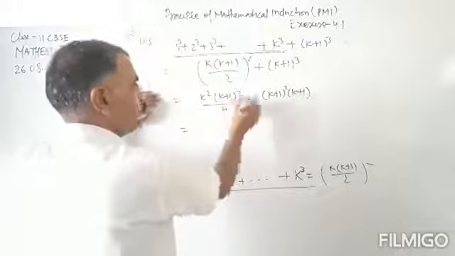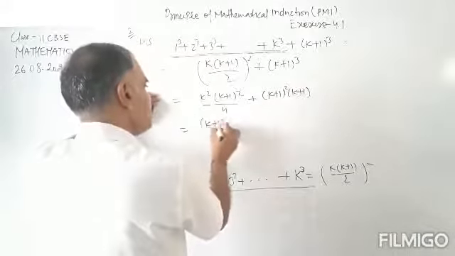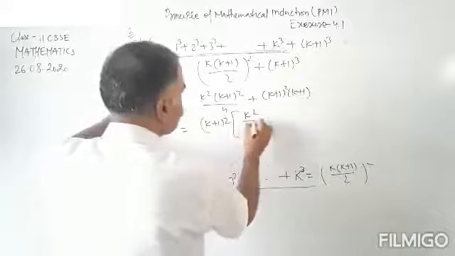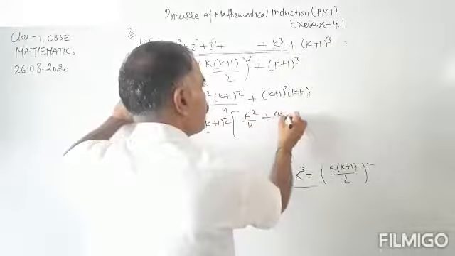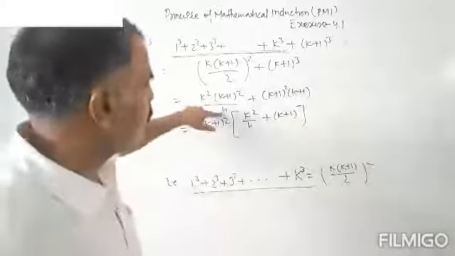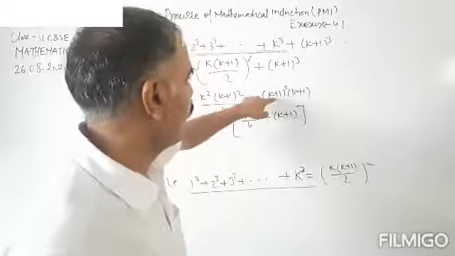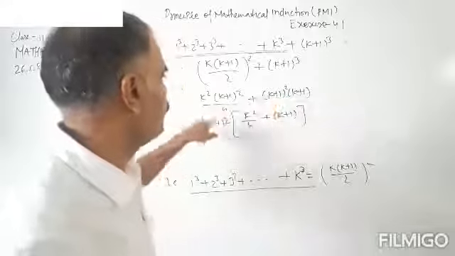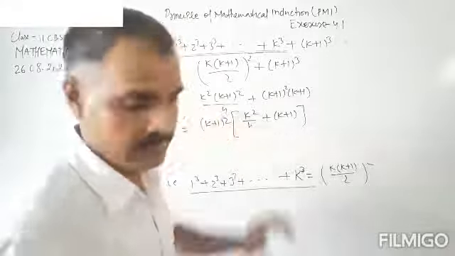Taking k plus 1 square as common from these two terms, we will have k plus 1 square times k square upon 4 plus k plus 1.